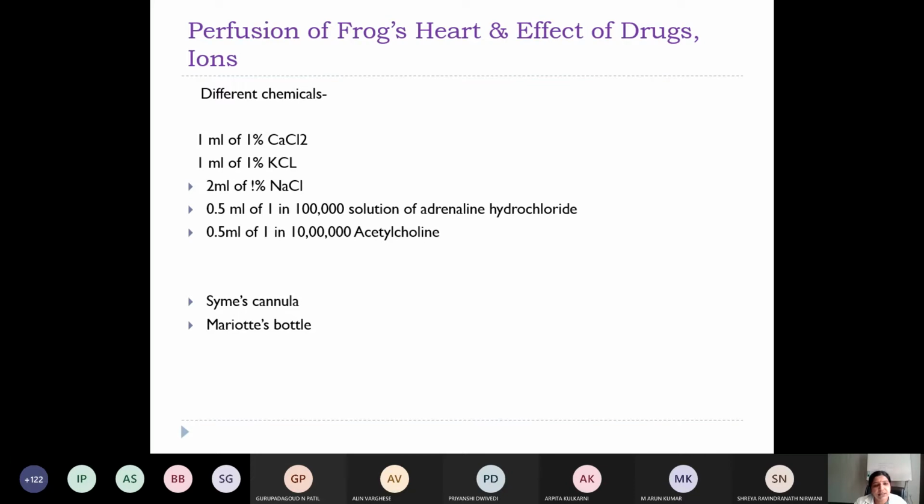Calcium chloride, potassium chloride, sodium chloride, and to study the effect of adrenaline and acetylcholine, you have to prepare them in concentrations of 1 in 1000, 1 in 10,000, 1 in 1 lakh, like that. This is how the solutions have to be prepared before you start the perfusion experiments on the frog's heart with drugs or ions.